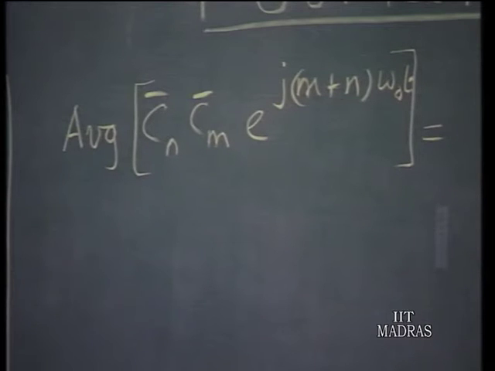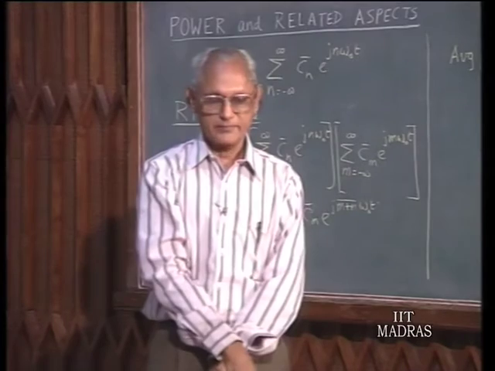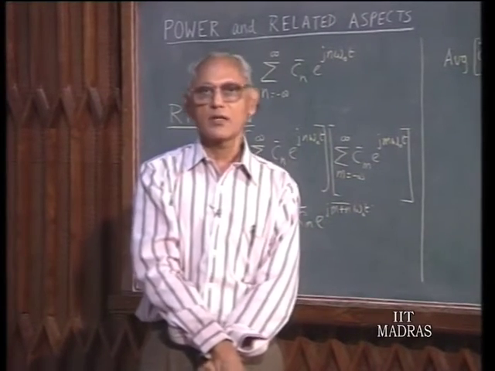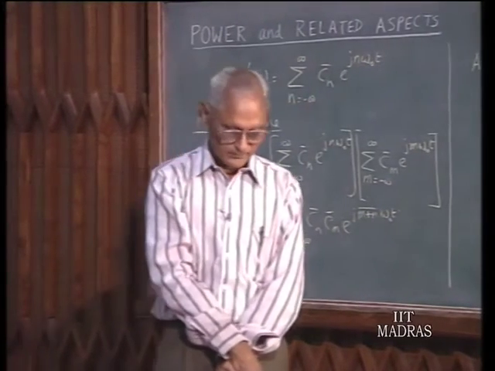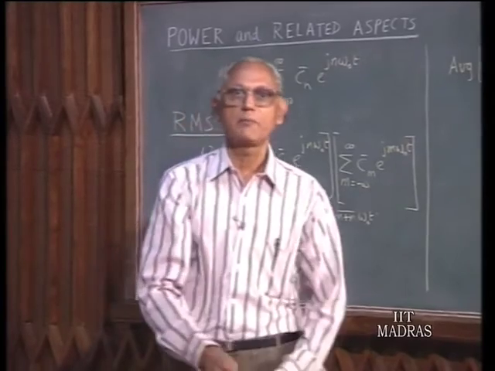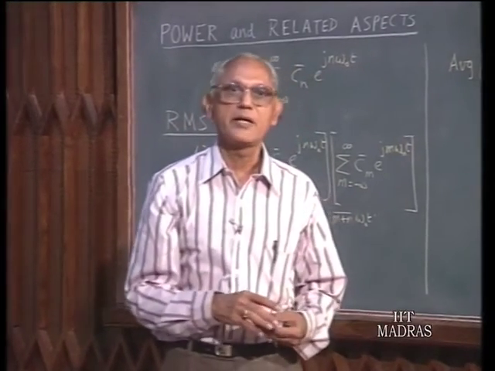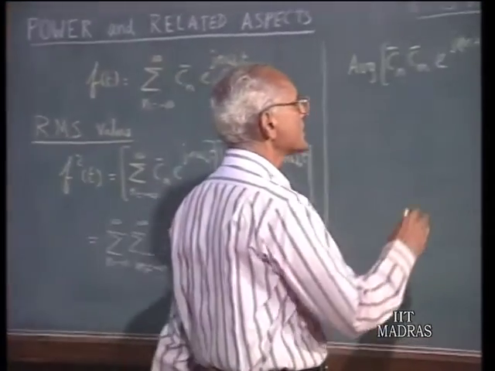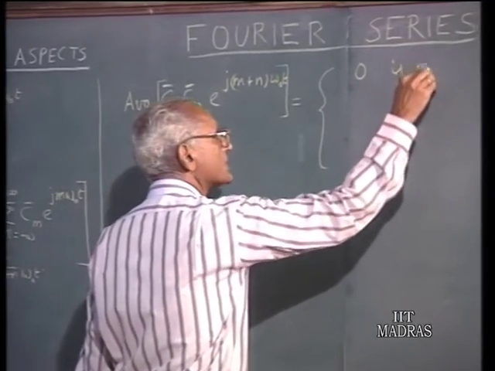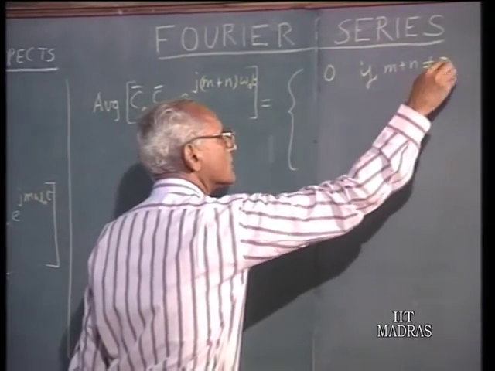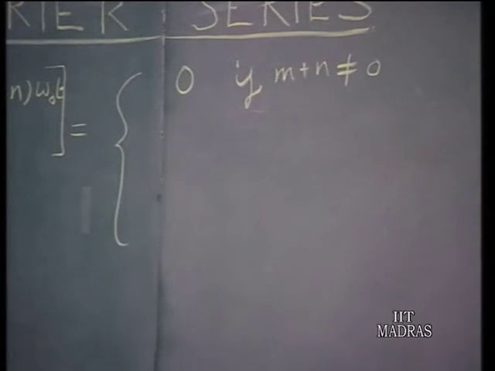If m plus n is an integer k, then e to the power of j k omega naught t, if you integrate over a complete period, is going to vanish, because it is after all cos (m plus n) omega naught t plus j sin (m plus n) omega naught t. Any sine term and cosine term integrated over a complete period or an integral number of periods is going to be 0. Therefore, the average of this will be 0 if m plus n is not equal to 0. So if m plus n is some non-zero integer, that's going to be 0.